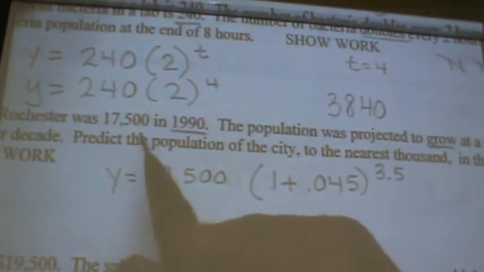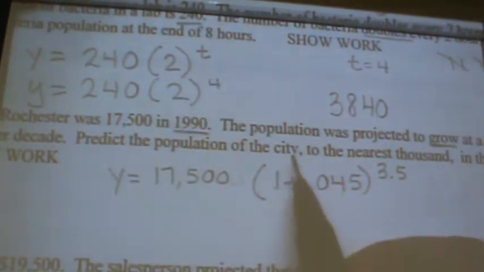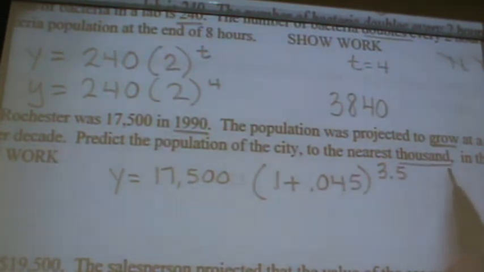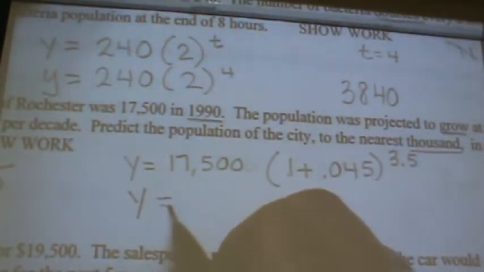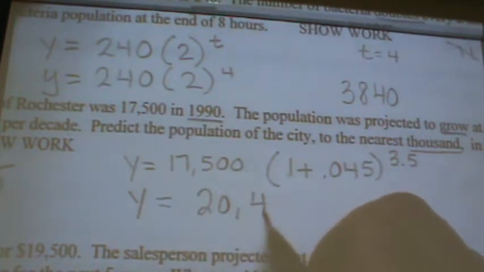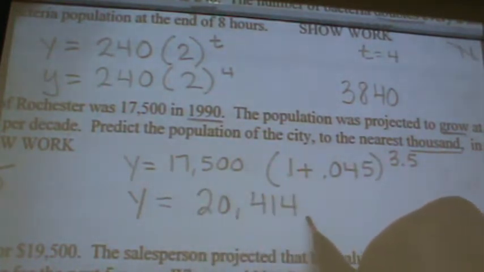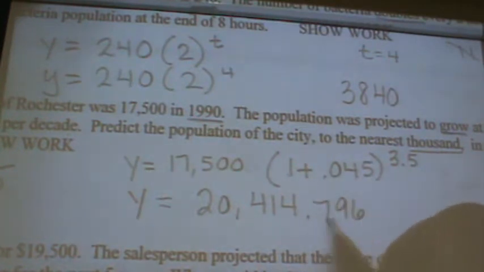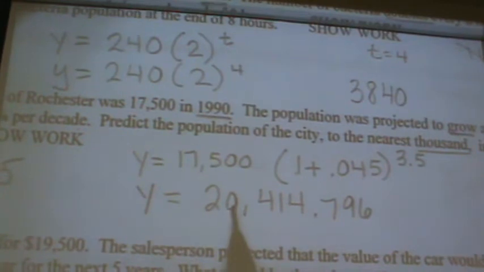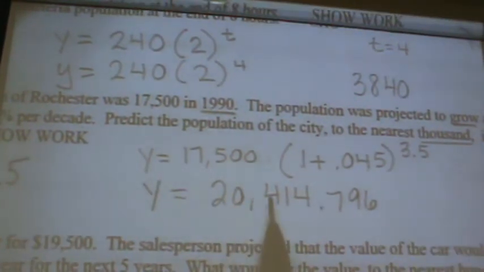Okay, now let's read the question again. Predict the population to the nearest 1,000. So when you do this problem on your calculator, you're going to get 20,414.796. But the question says to the nearest 1,000. This is your 1,000 place. So this tells you don't bump this up one.